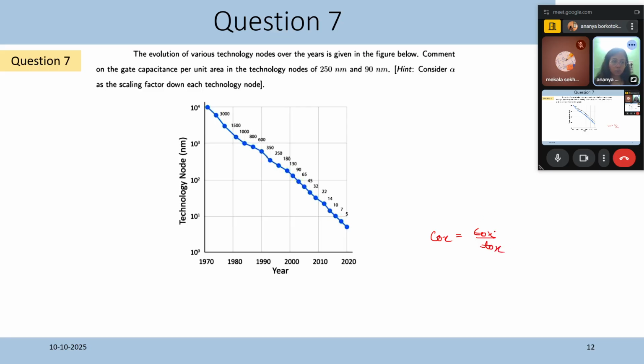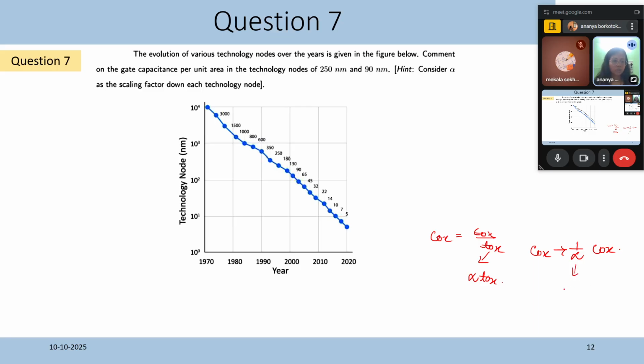If we don't change the material, then epsilon OX remains constant, and if we scale TOX to alpha times TOX, then our gate capacitance changes from COX to 1 by alpha COX. What is the typical value of alpha?